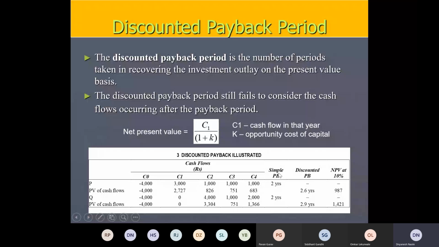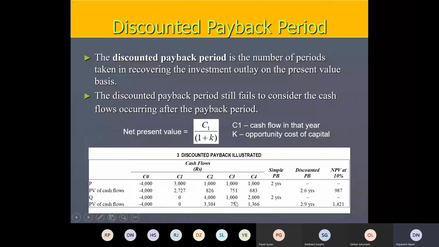But if you see the discounted payback period, project P comes out better than project Q because it has a lesser discounted payback period. As a rule, the discounted payback period is always going to be greater than the simple payback period for a particular project, because we are discounting the future cash flows, so it increases your payback period.